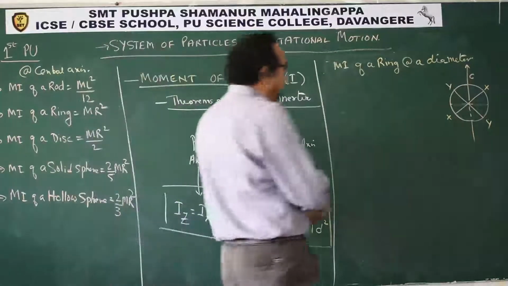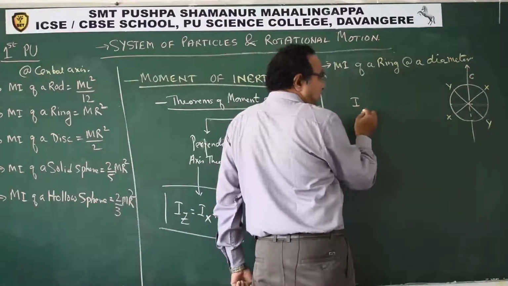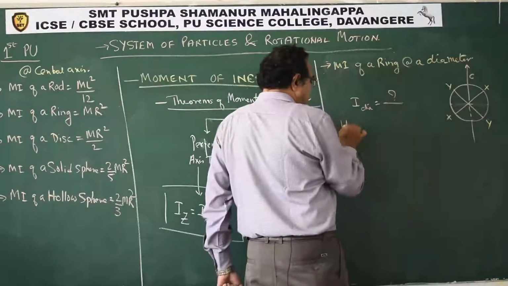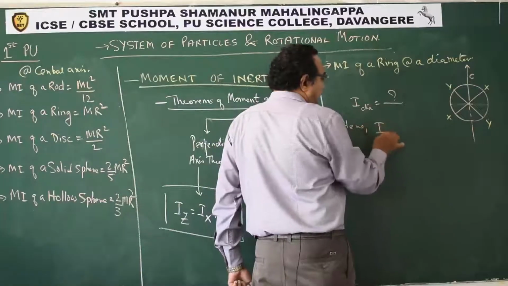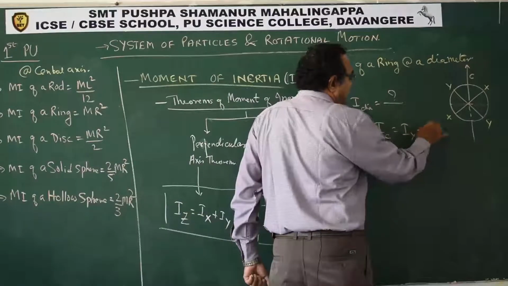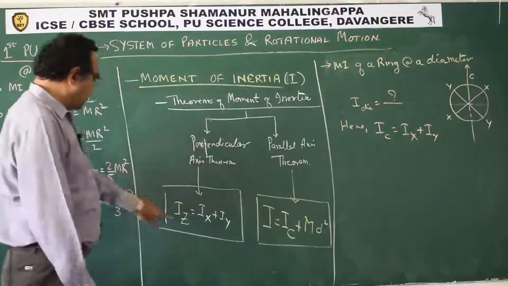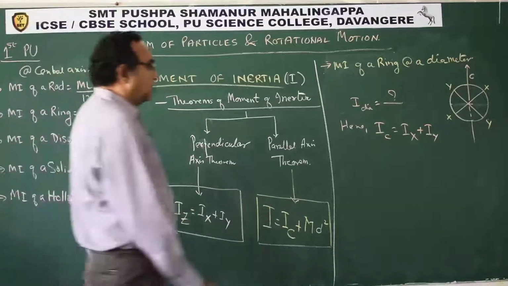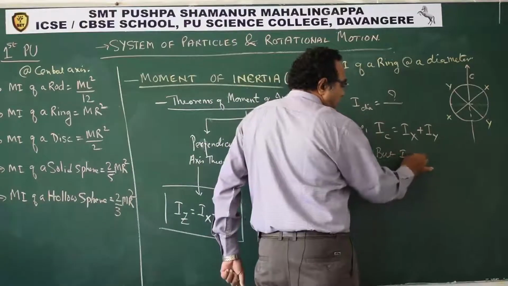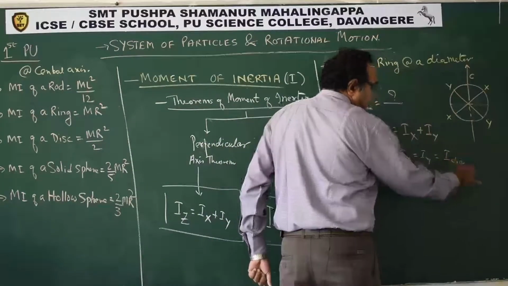So what will we write? The moment of inertia about a diameter is what we need. This is what is asked. Here, I about the center is equal to Ix plus Iy, because the central axis is the z-axis, perpendicular. But, very important, Ix is equal to Iy is equal to I diameter.